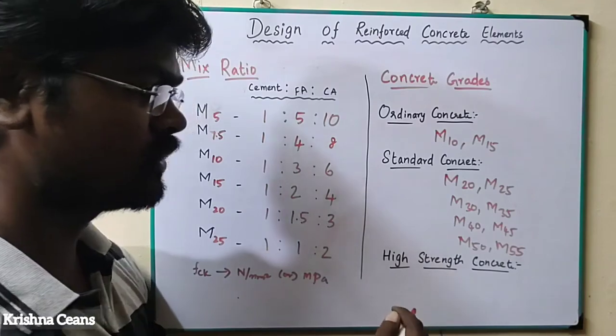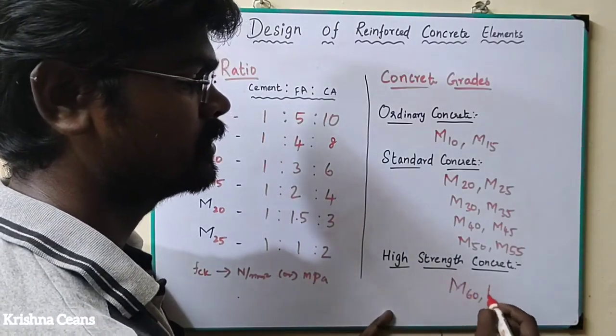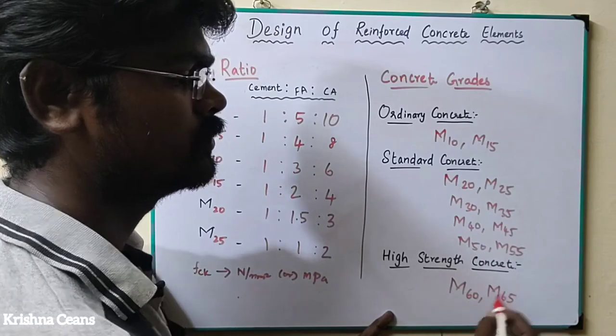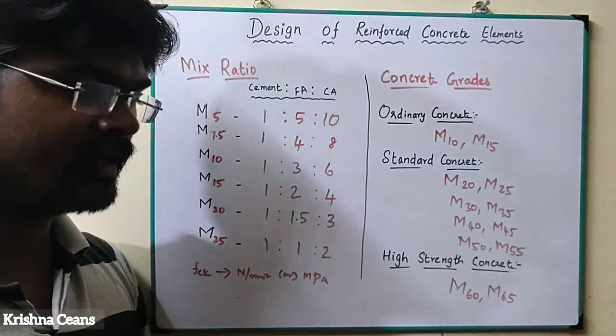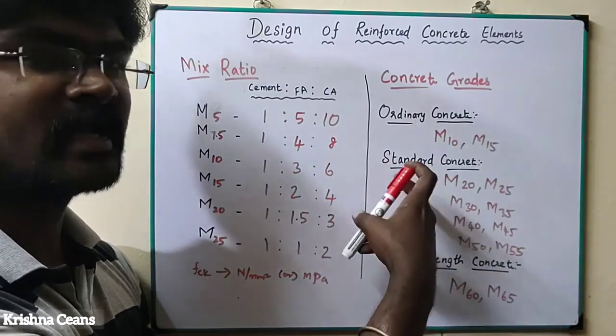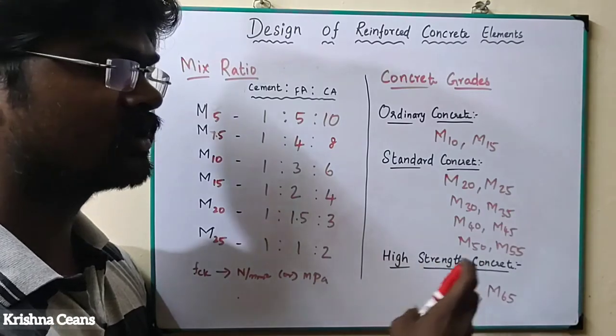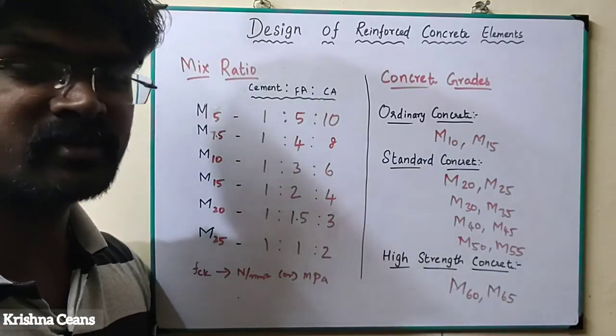Whereas if you are using high strength concrete, we always prefer M60, M65. So these are the concrete grades. We categorize ordinary concrete as M10, M15, standard concrete from M20 to M55, and high strength concrete M60 to M65.